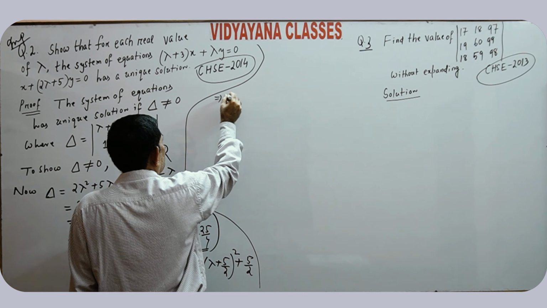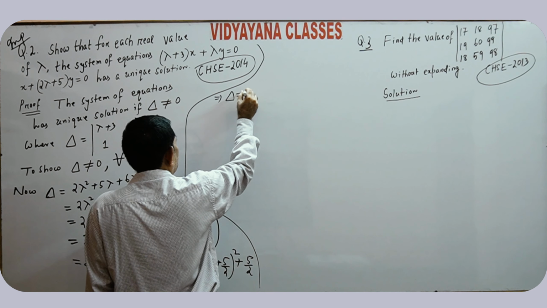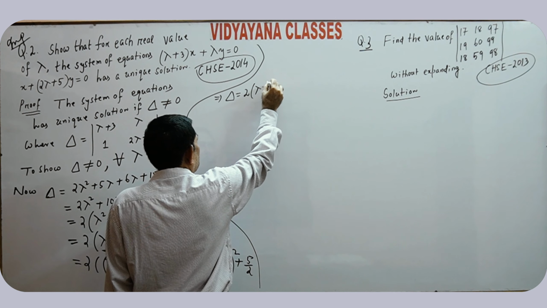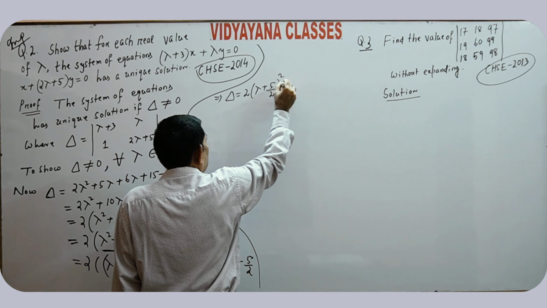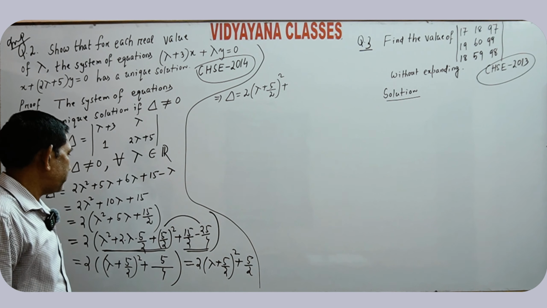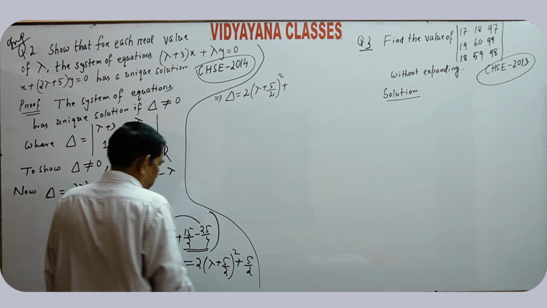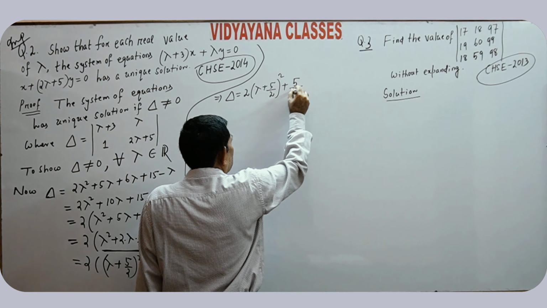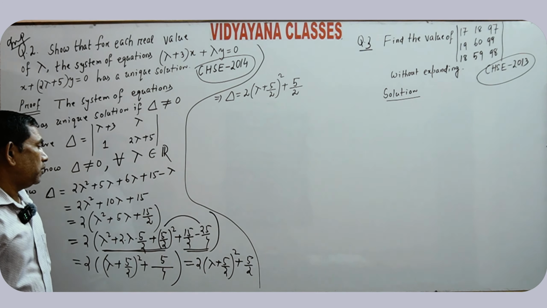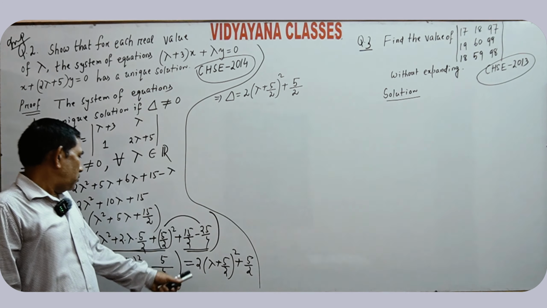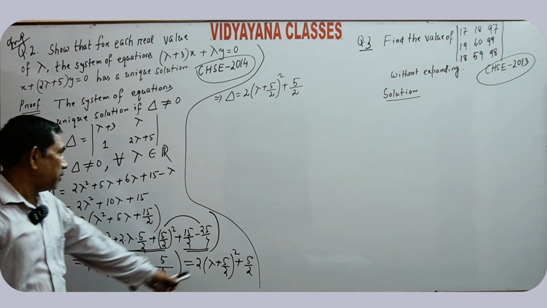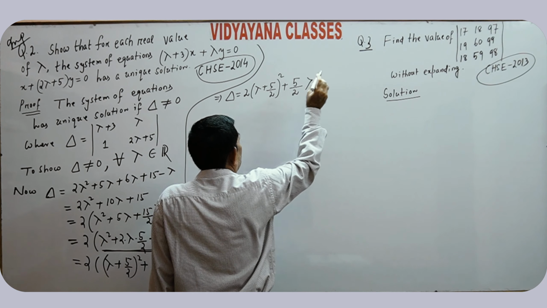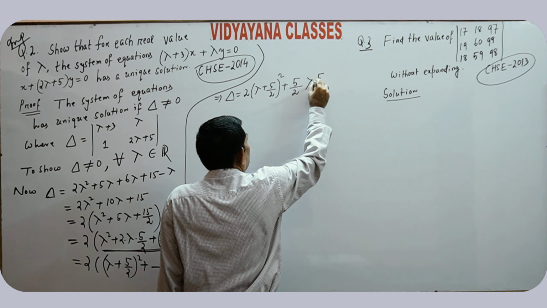Implies del is equal to 2 into lambda plus 5 by 2 whole square plus 5 by 2. 2 into 5 by 4 is equal to 5 by 2. Greater than or equal to 5 by 2.